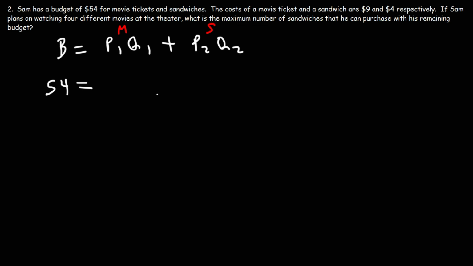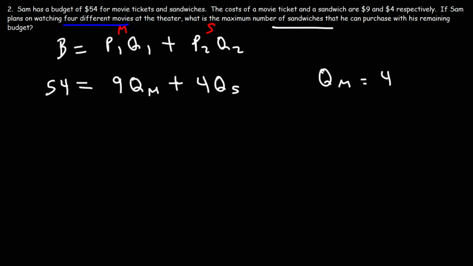The price of a movie ticket is $9 times the quantity of movie tickets, which we'll call Q sub M. The price of a sandwich is $4 times the quantity of sandwiches, which is Q sub S. Now what we're looking for is the maximum number of sandwiches. We know the number of movies that he wants to watch. That's 4. So we know that Q sub M is equal to 4.